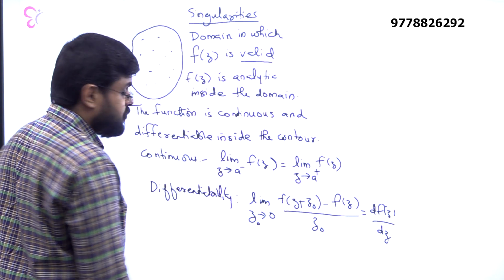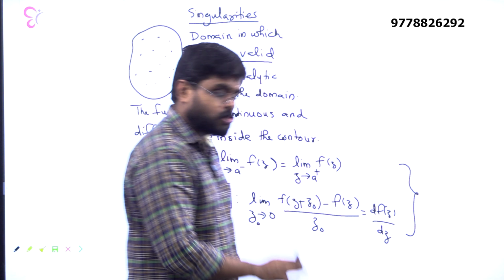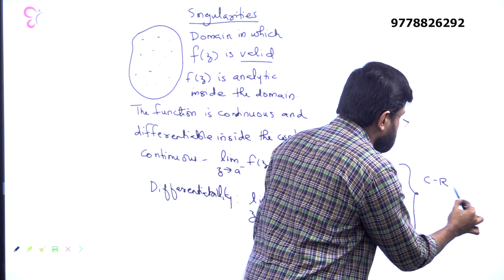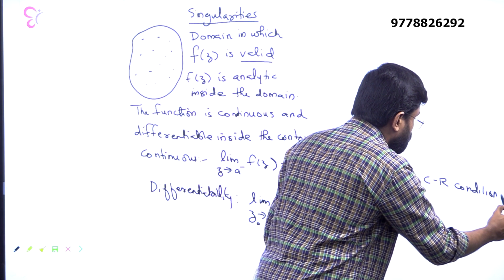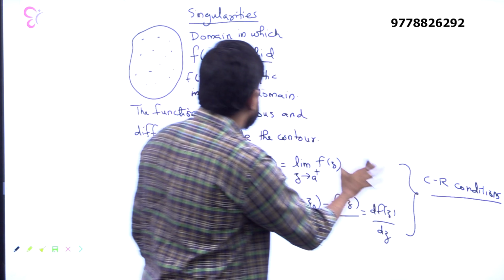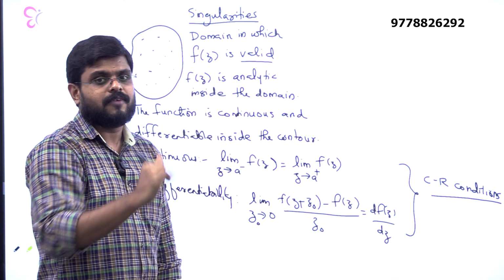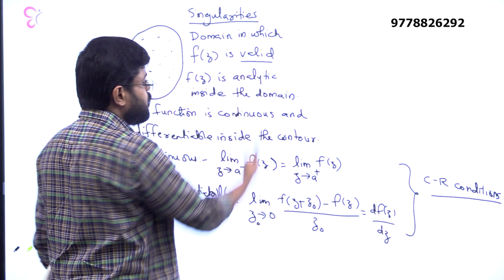So that is the differentiability. These two properties, continuity and differentiability, combine to give the CR conditions, the Cauchy-Riemann conditions, that you know. That means inside this domain, the Cauchy-Riemann conditions are also valid. Then only the function will be analytic, right?